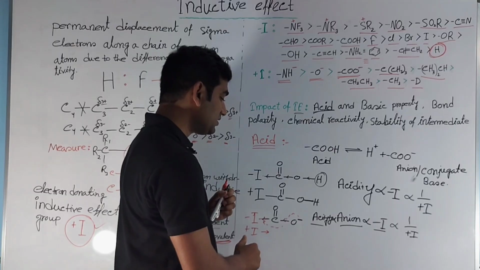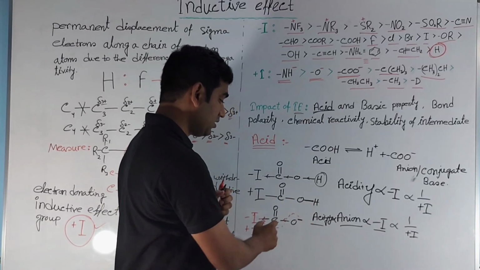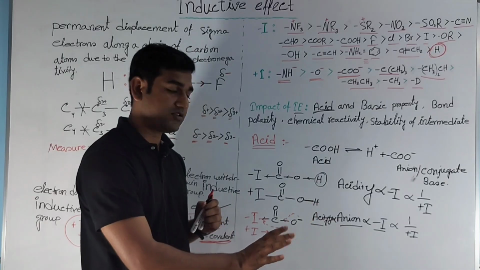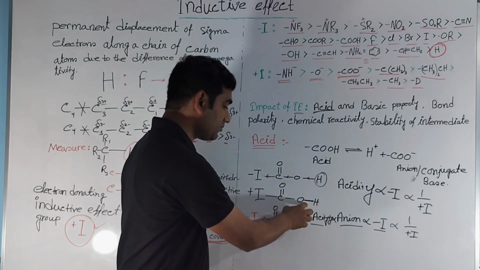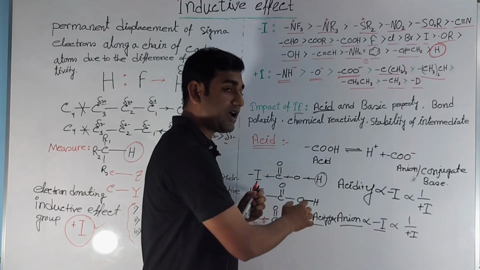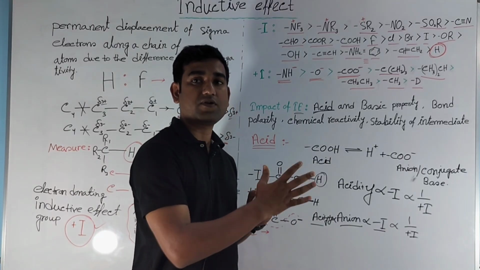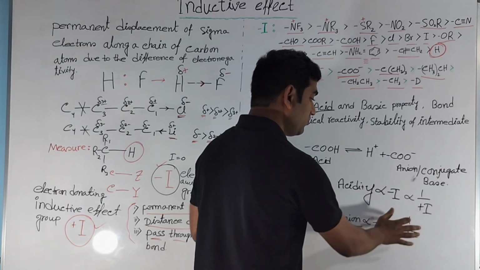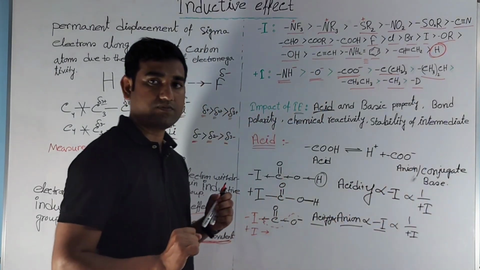If any plus I group is there, the bond becomes stronger, due to it pushing the electron to the carboxylic acid. Bond becomes stronger means it cannot easily release the proton, means acidity will decrease. So acidity is directly proportional to minus I group, inversely proportional to plus I group.